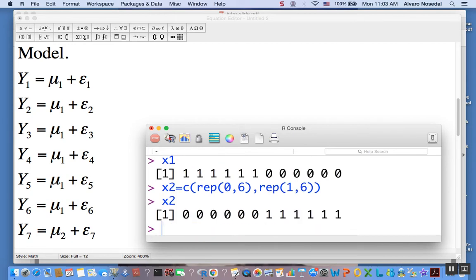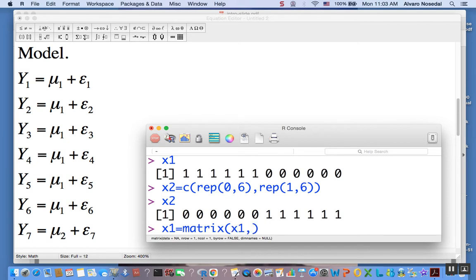Yeah, that's exactly what we want. Okay, now since we are going to be carrying out matrix multiplications with these guys, with the design matrix and so on, let's make sure that R knows that these guys are matrices or vectors, which are particular cases of matrices, right?